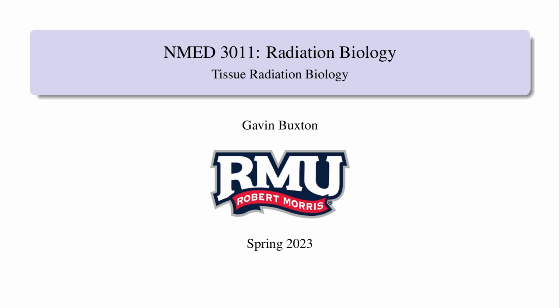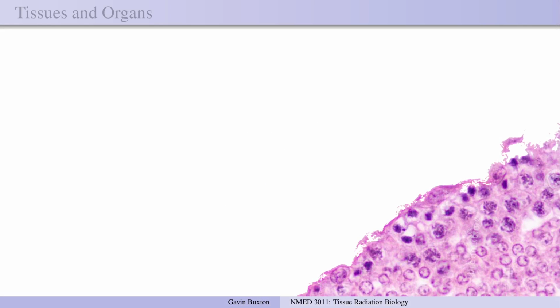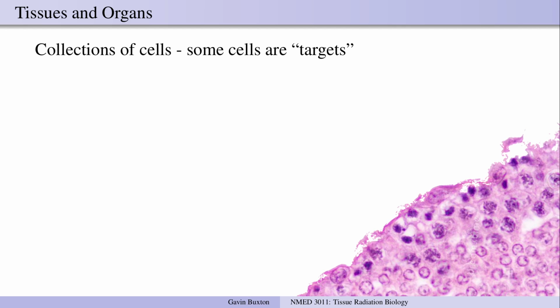So in terms of the tissues and the organs, the killing and depletion of the critical target cells in a tissue is really what is responsible for the visible and detectable changes induced by the radiation.